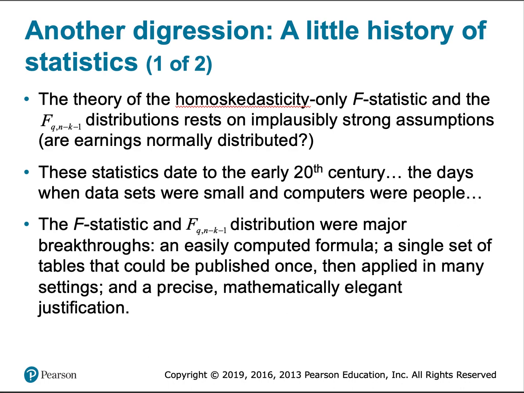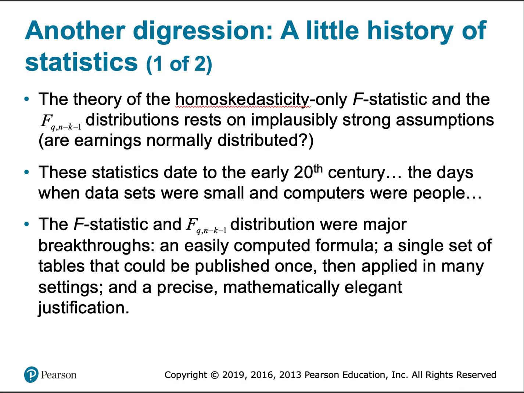Let's think briefly about the history of this distribution. The theory of the homoscedasticity-only F-statistic and the F distributions rests on implausibly strong assumptions, like whether financial data is normally distributed. These statistics date to the early 20th century, the days when datasets were small and computers were people.